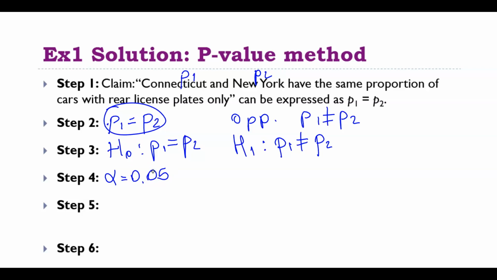Step 5 is to calculate the test statistic. We're going to use technology. We will look at how to find the p-value and the test statistic on the graphing calculator and on StatCrunch.